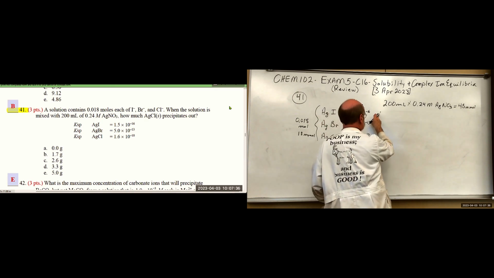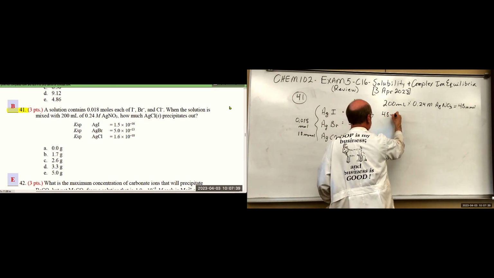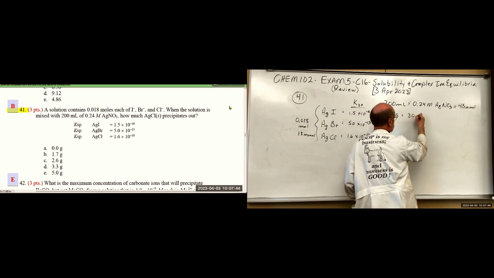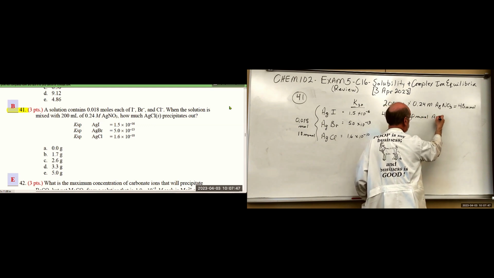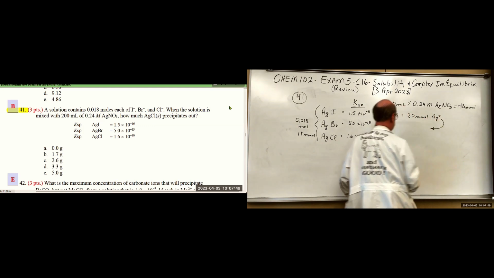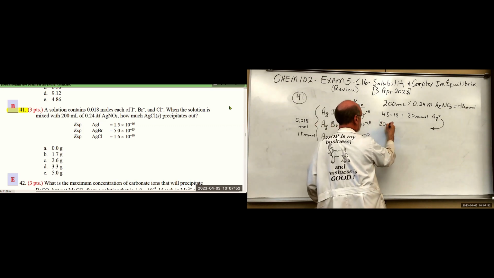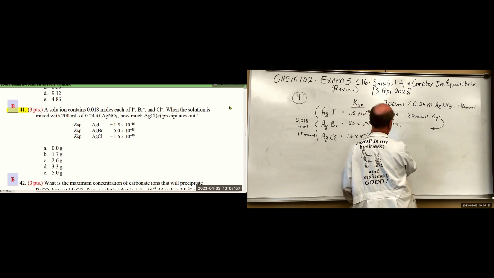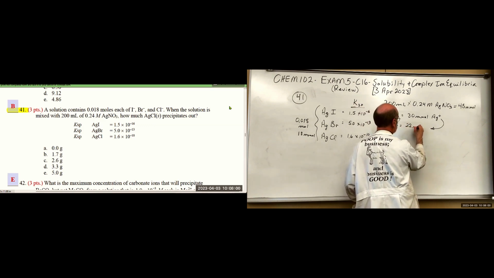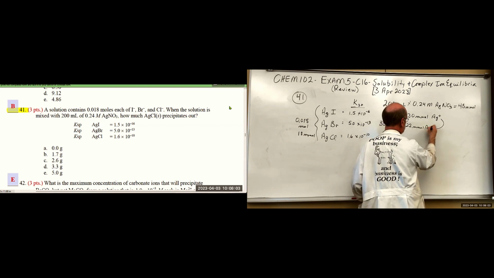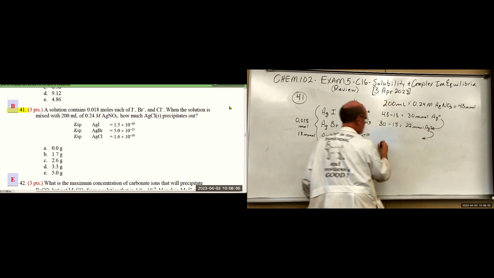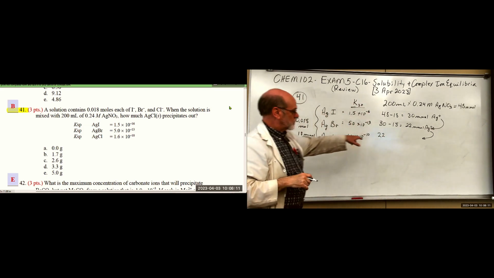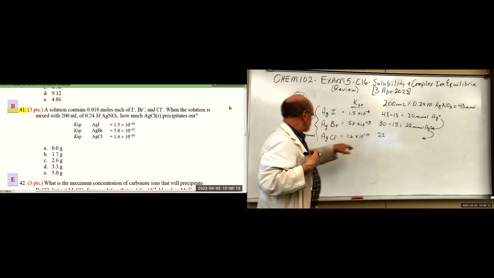Okay, so the first one is going to take out 48 minus 18 equals 30, right? 30 millimoles of silver will be left over to go down here. Then 30 minus 18 would be equal to 12. 12 millimoles of silver are left over, and they go down here.